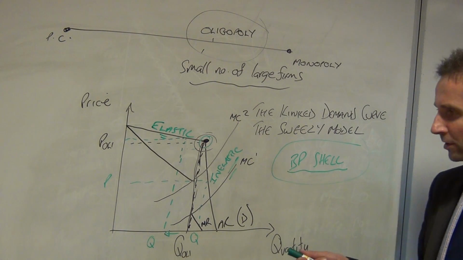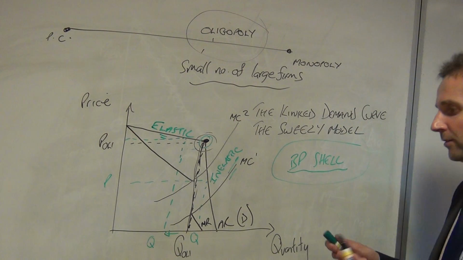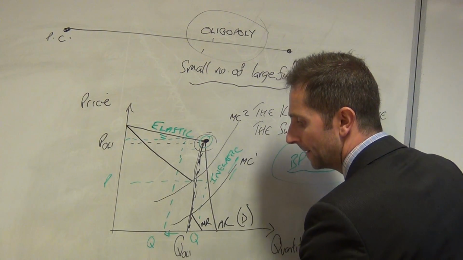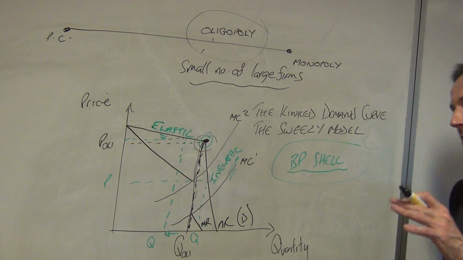So how do these oligopolies actually compete if they're not competing on price? Of course, they're using other non-price methods of competition in order to encourage you to shop with them rather than someone else.